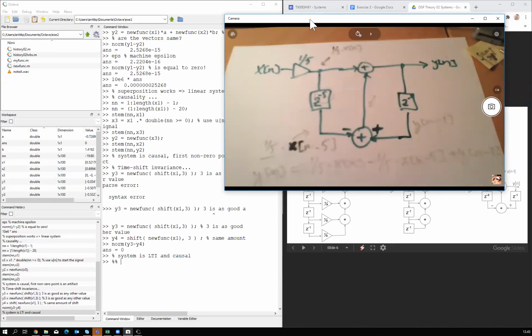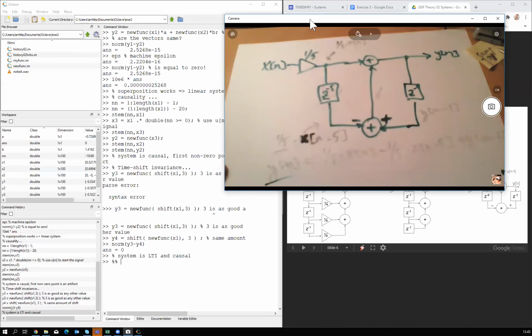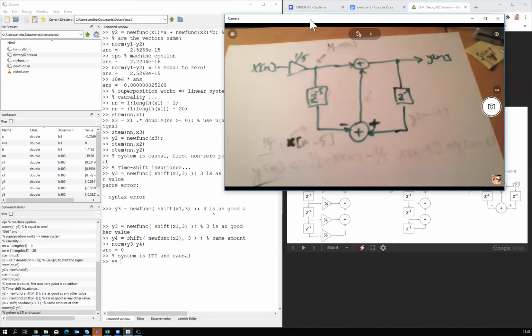Okay, good. So we have this as the system difference equation. Let's start from that one.